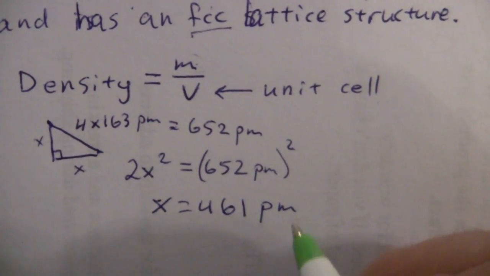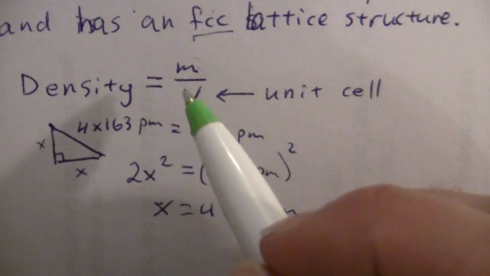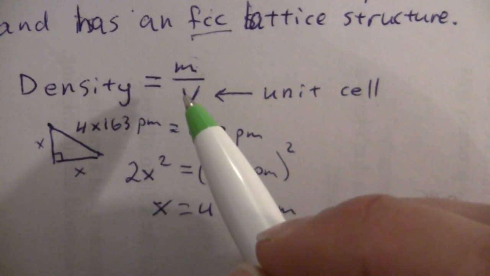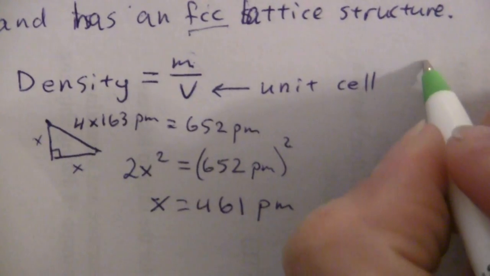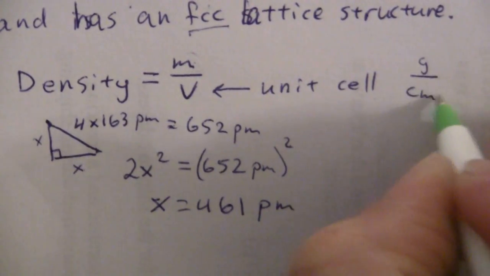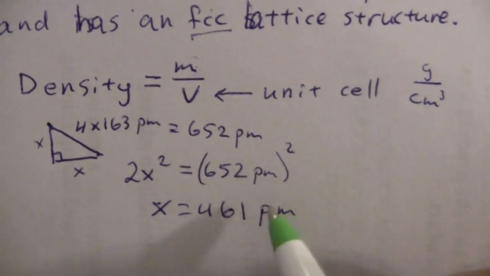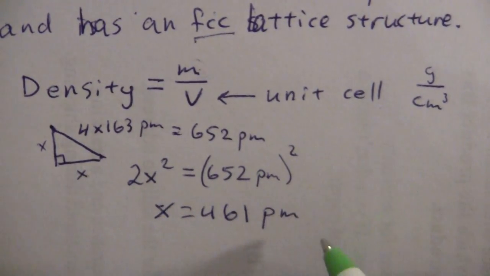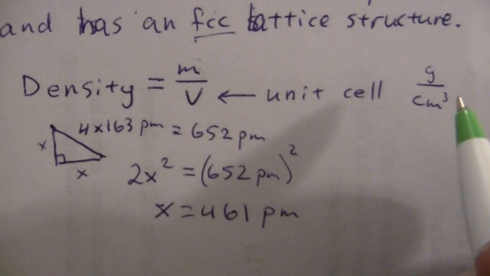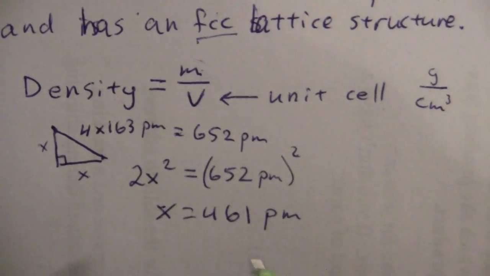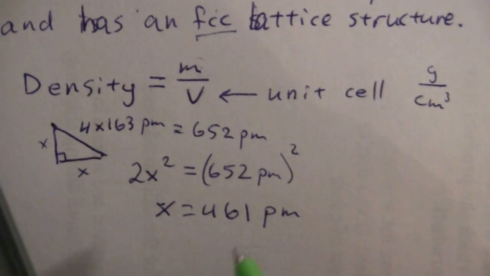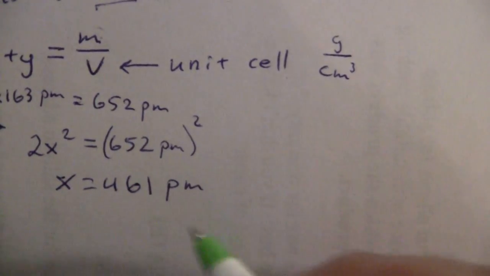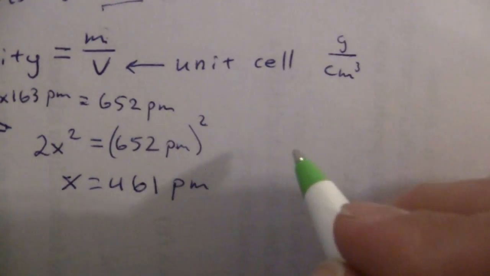I would like to express the density that we calculate in terms of grams per cubic centimeter. So I'm going to convert this picometers to centimeters first and then cube it so that I'll have centimeters cubed. You can do it either way, but I think it'll be a little bit more convenient this way.